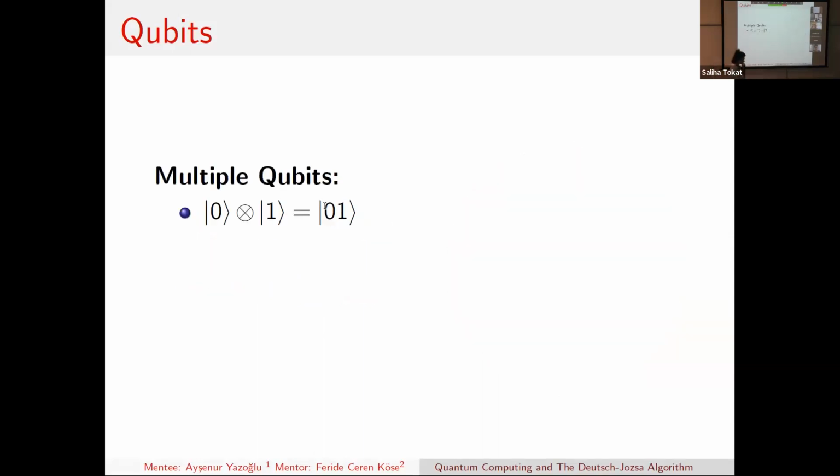If we have more than one qubit and we want to examine them at once, we show them as the tensor product of the qubits we have. If we have n qubits, we show it as n tensor power of the qubits, as you can see here for the 0 state.